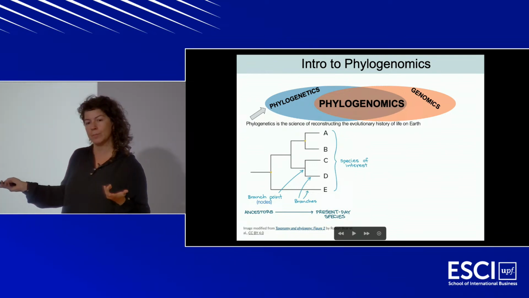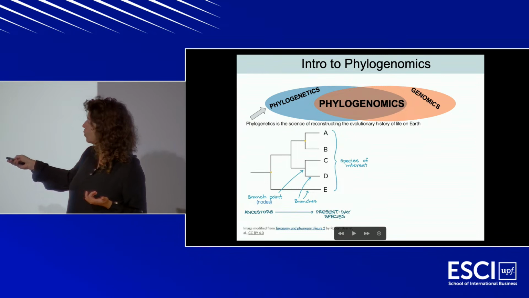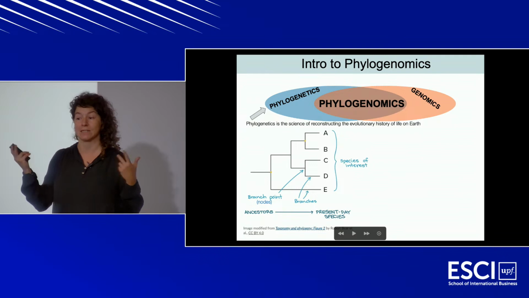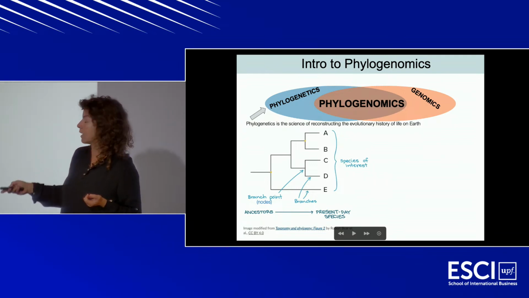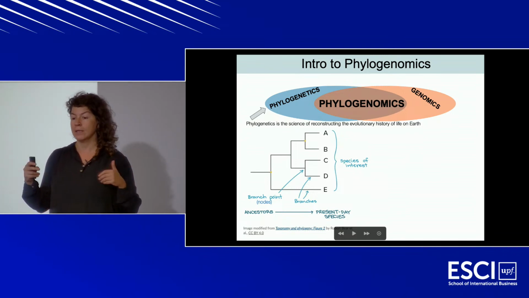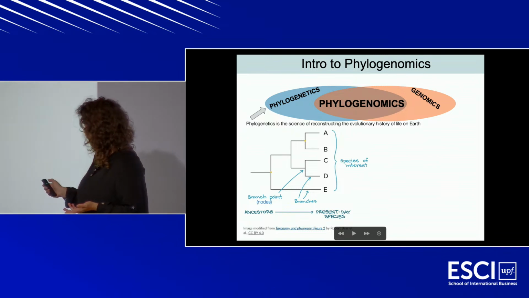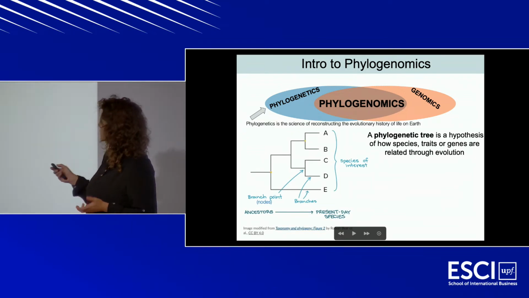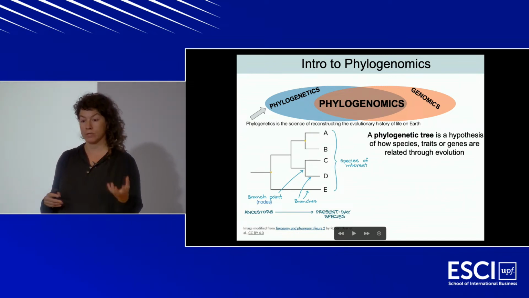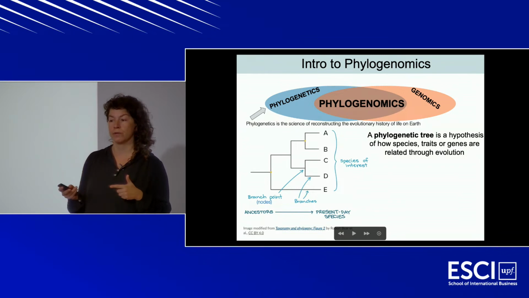We have a few important things in this type of graph. One is the nodes, like these ones, which are the branch points that represent the ancestors. And then these branches, the longer they are, the more change has occurred in this species. So basically, this phylogenetic tree is a hypothesis of how species or traits or genes are related to each other through evolution.